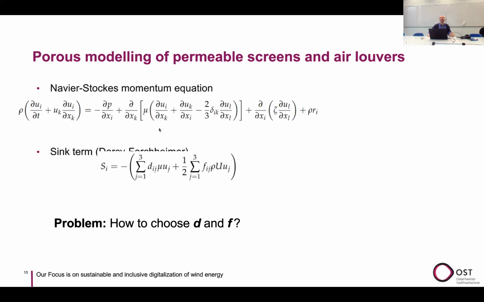So what I did is I looked at it and asked, okay, what things can we disregard? So the first thing I did is I considered a steady state case, so no variability in time, to get rid of this term. Another one is, in case of screens on big structures, the viscosity is not that important. The inertial coefficients are much more important.